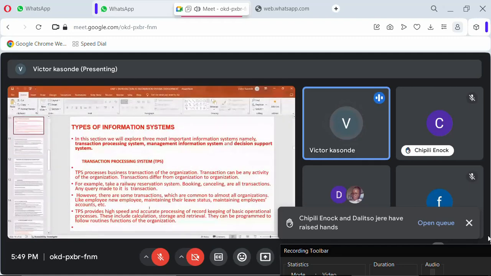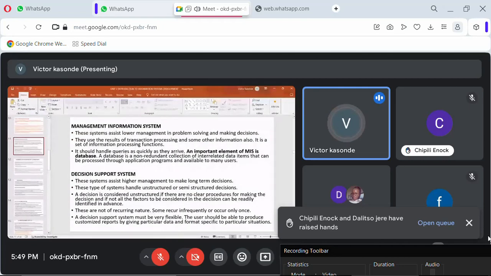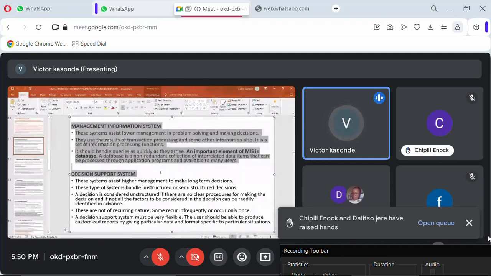Thereafter, after they have done the transactions, if, for example, they want to increase the number of days for registration, the people who are supposed to decide are management, not so? And the system which they are going to use is the management information system. In problem solving, one of the problems, if they check, they see that the registration on the transactions is low.